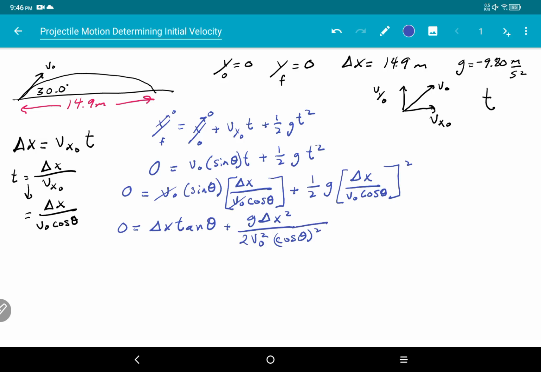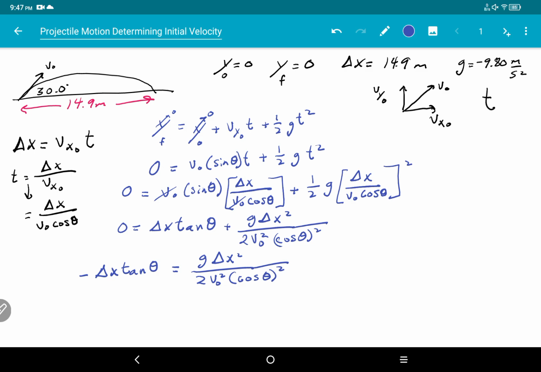Okay, so let's take the delta x tan theta and put it to the other side, because we're going to try to get that V naught initial all by itself. So here we go. Negative delta x tan theta equals g delta x squared over 2 V naught squared cosine theta squared. Well, do a little rearrangement.